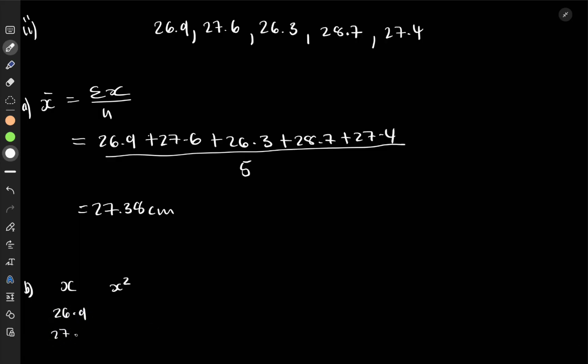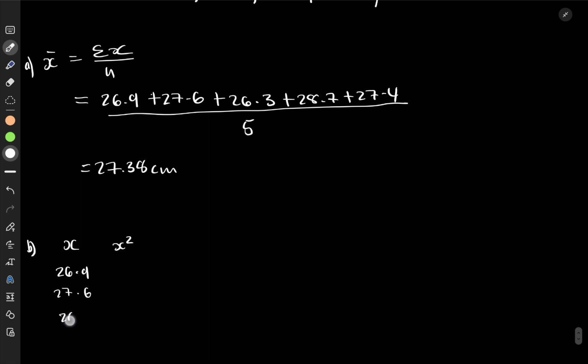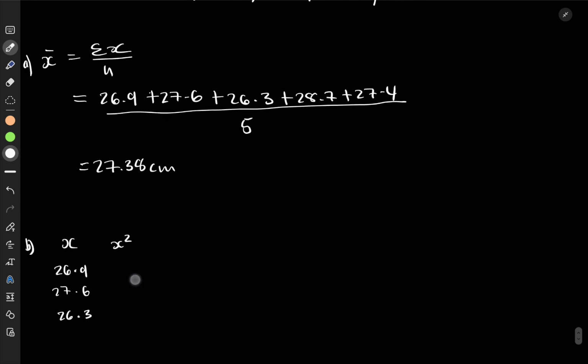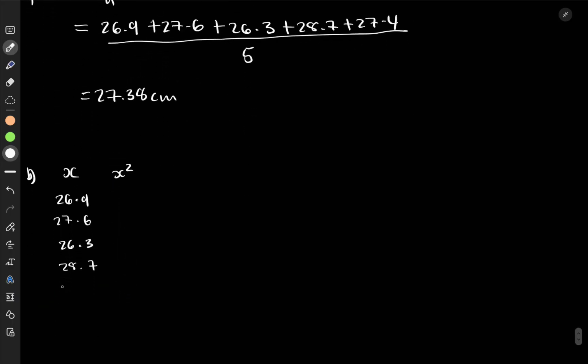The x values are 26.9, 27.6, 26.3, 28.7, then 27.4. Then x squared: 26.9 squared becomes 723.61. 27.6 squared becomes 761.76.